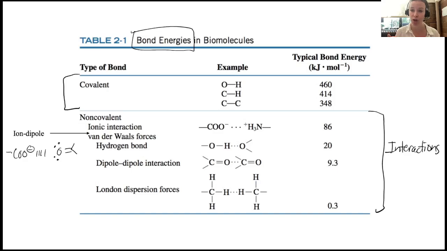So they have no charge or no partial charge. Thinking broadly across this table, the things that have the strongest type of interaction are the most charged. Things with the weakest type of interaction are least charged. And so these are the types of interactions I want us to be super comfortable with this semester, and we'll get a lot of practice thinking about them.